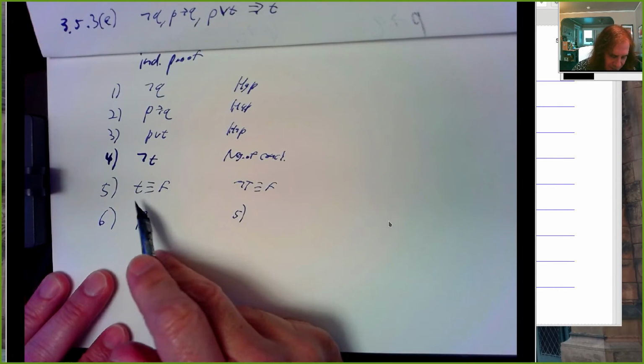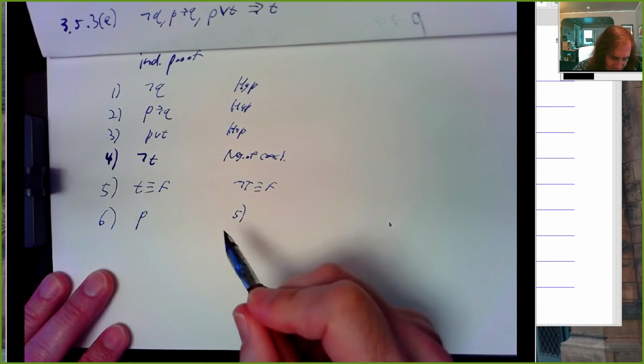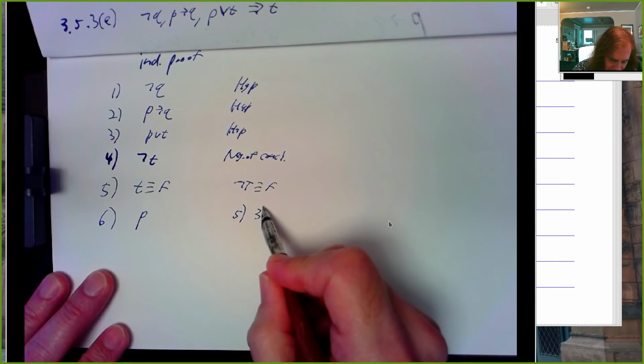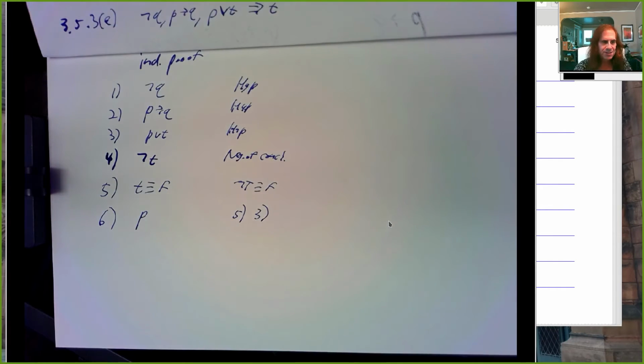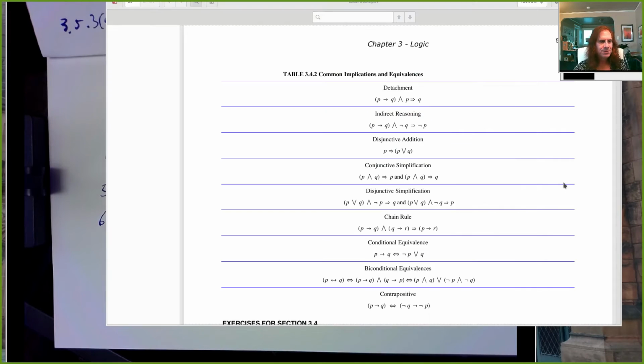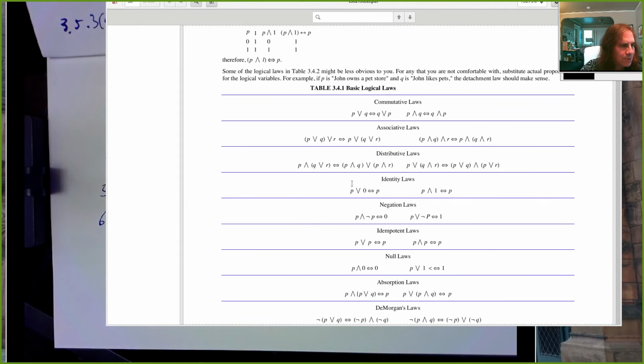And that's a combination of the fact that T is false, that's statement 5, the fact that P or T is true, that's statement 3, and the fact that when you OR with false, you get back the thing that you ORed with, so the identity law.